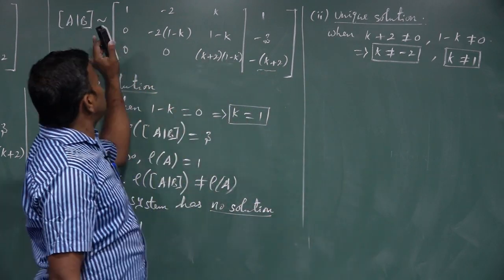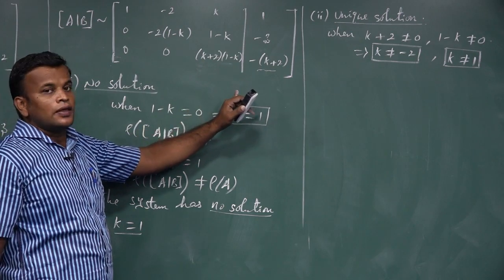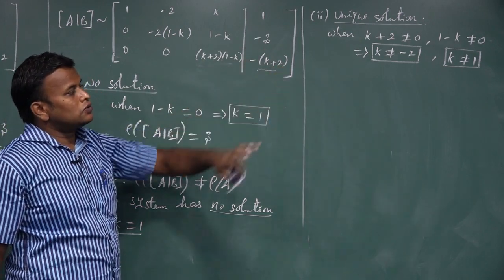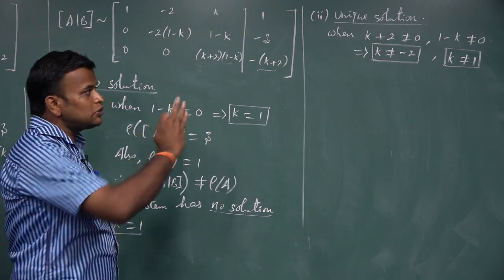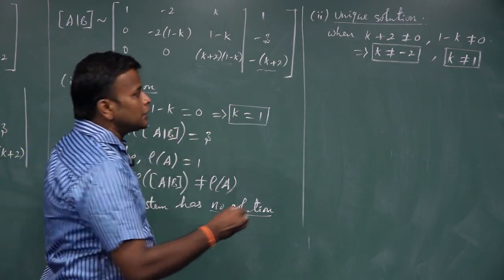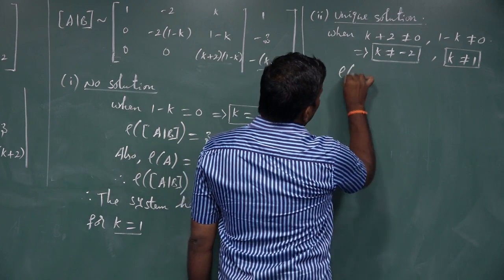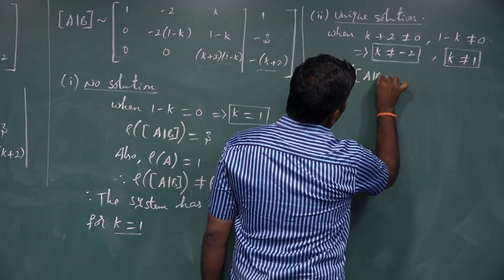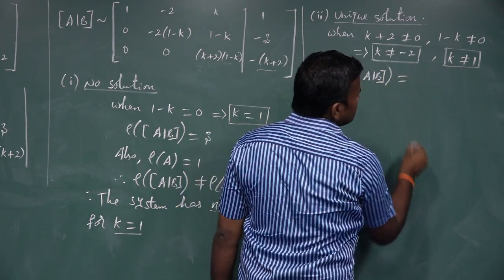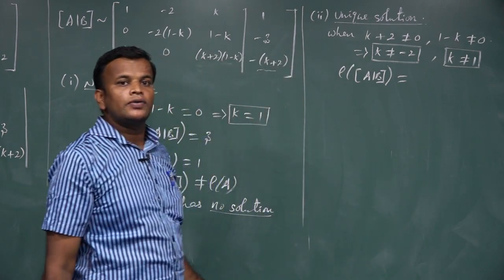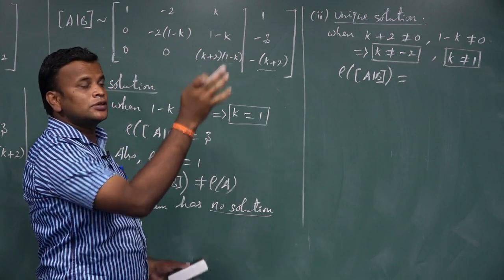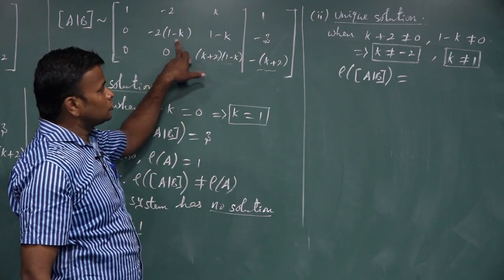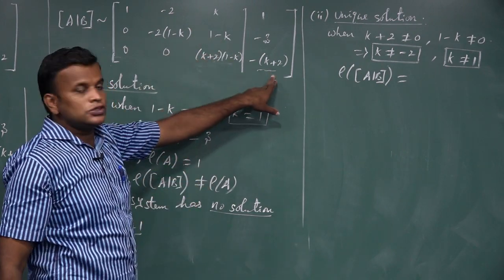So in this augmented matrix, K is not equal to minus 2 and K is not equal to 1, which means we can put so many values of K except these two values. Then what is the rank of A by B? Except these two values, we put so many values. It's non-zero, non-zero, non-zero, non-zero.